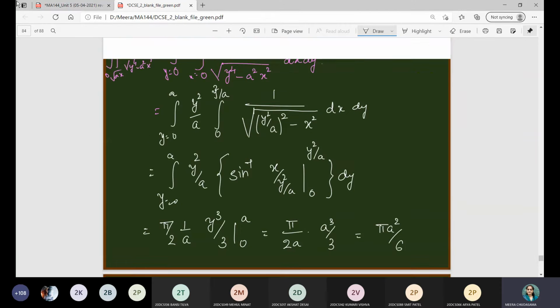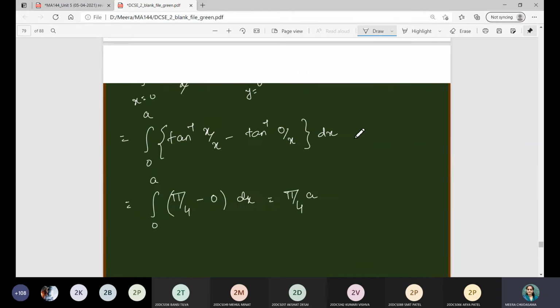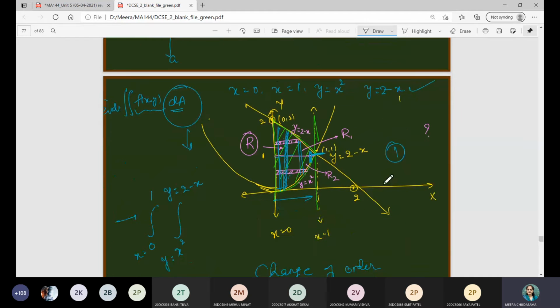So if you remember, in the last class, we have discussed this example in which the region has to be divided into two parts if we consider the horizontal strips. And then we are going to solve it. I have told you that I am going to consider that example.